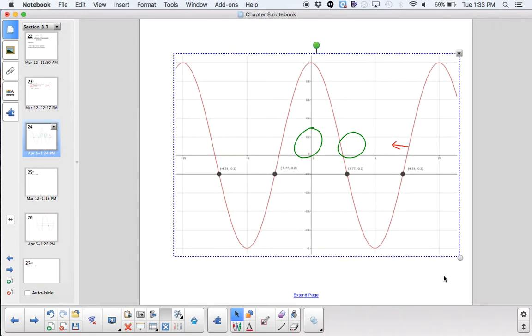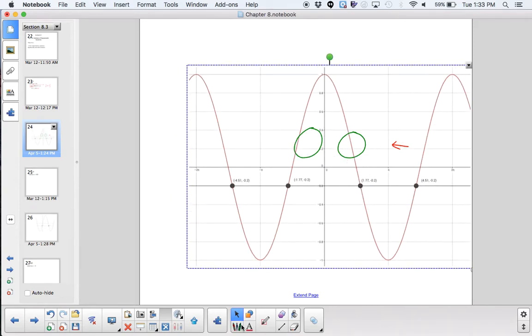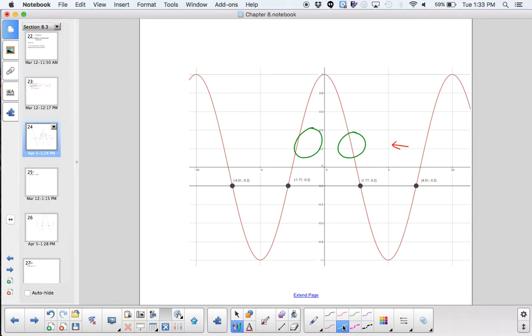One of them is the 1.77 that we got, which was here. And then the other one you have is 4.51 or negative 1.77. So we need to figure out a way to get those other solutions.